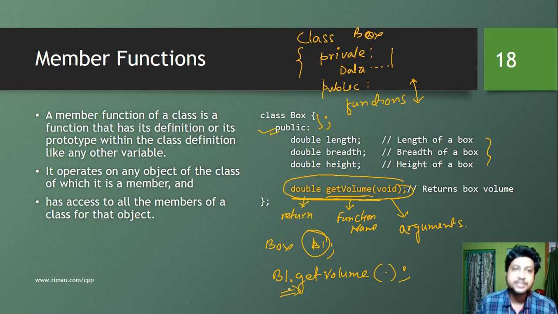The dot operator is called the member access operator. It is used to access any member regardless of whether it is a data member or a member function. If you have some functions in the public section of a particular class, you can create an object of that class and use the dot operator to access that particular member function of that class.